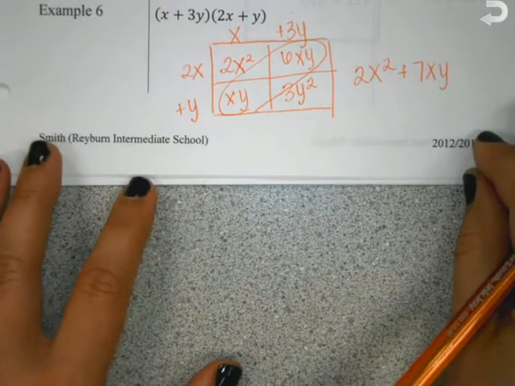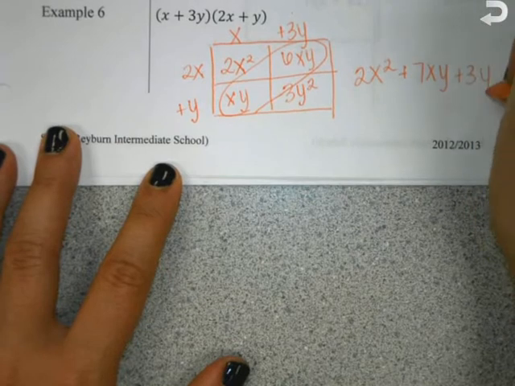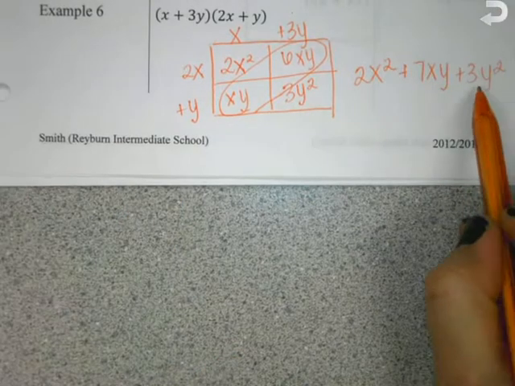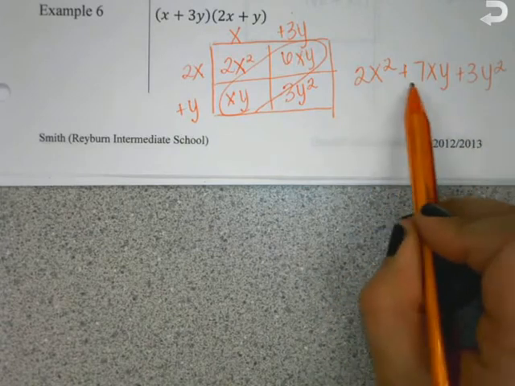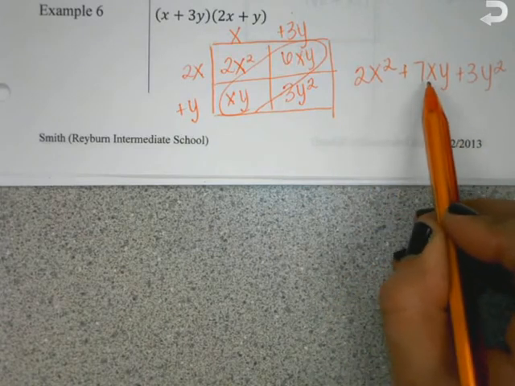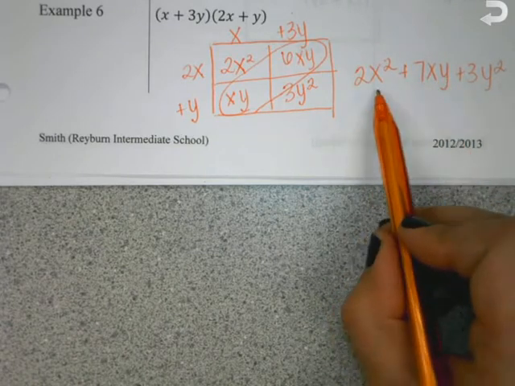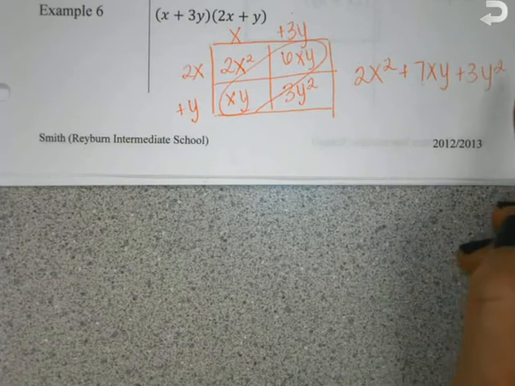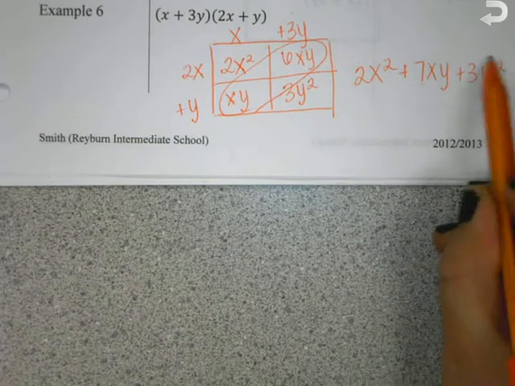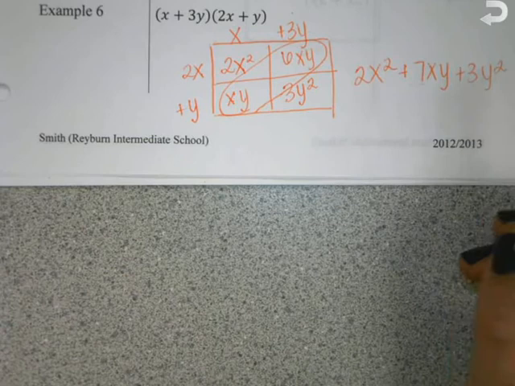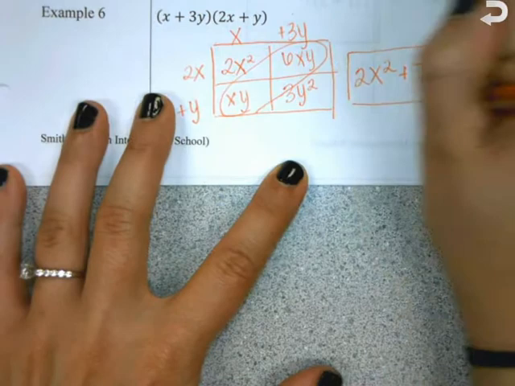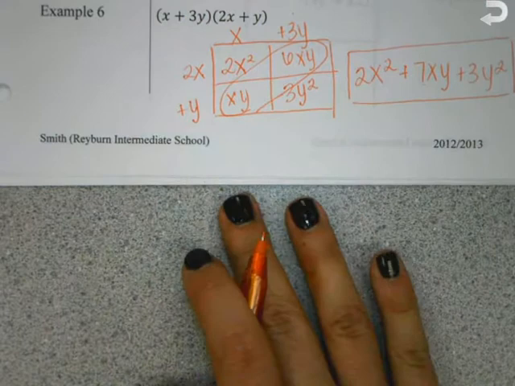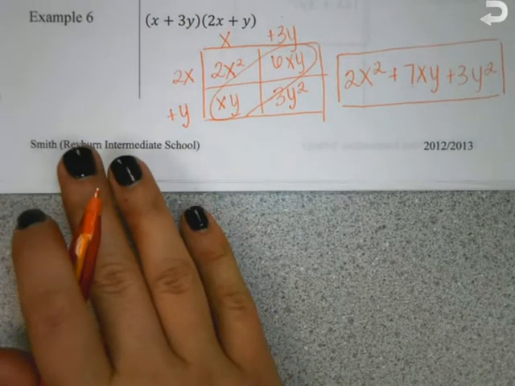So we put the 3y squared last because alphabetically this one still comes first because there's x's in it. So we do it alphabetical and then in descending order. So we always put the 3y squared last. Because we still need to put all the x's in front of the y's. And that's your answer. Because it's xy and you're just combining like terms, it's just 7xy.